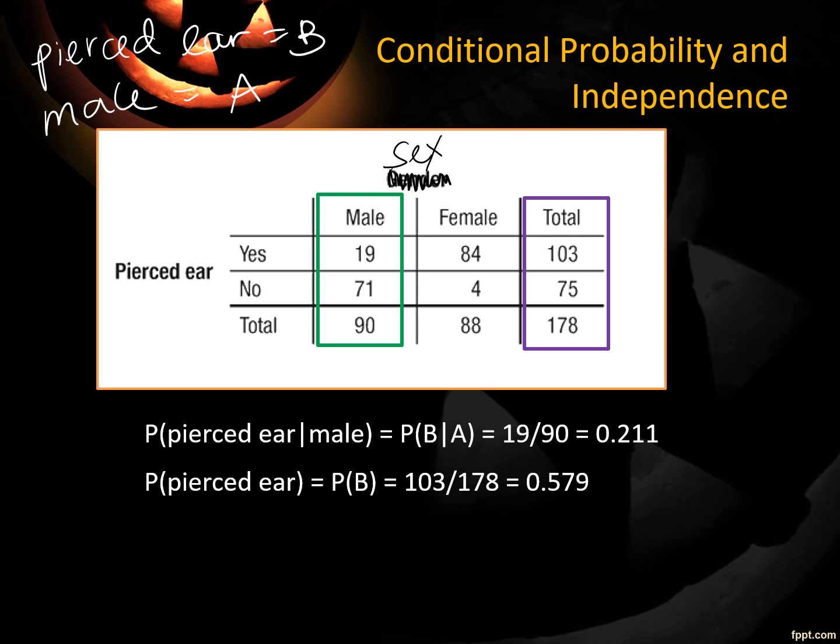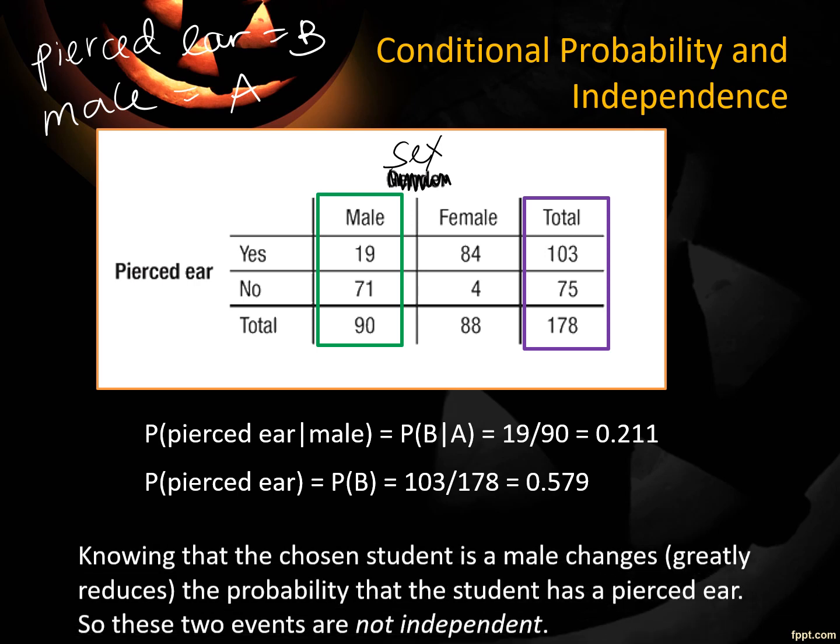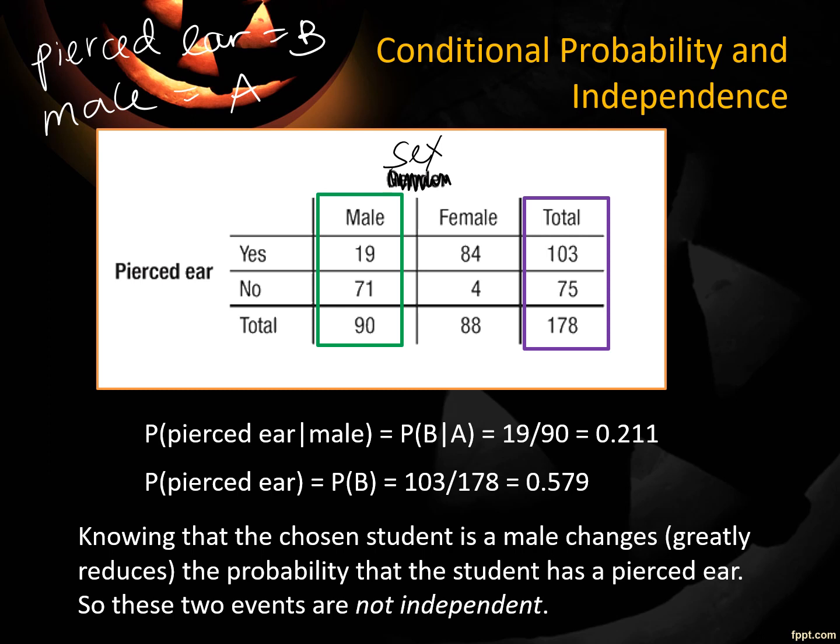Knowing a person's sex influences their piercing. So I would say knowing that the chosen student is a male greatly reduces the probability that the student has a pierced ear. So these two events are not independent. That's how I would prove whether or not something is independent.